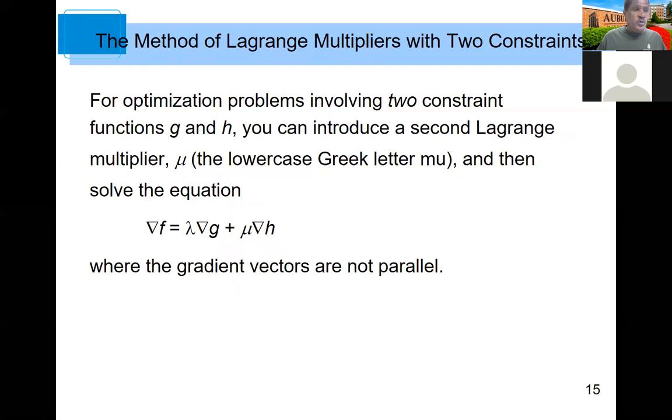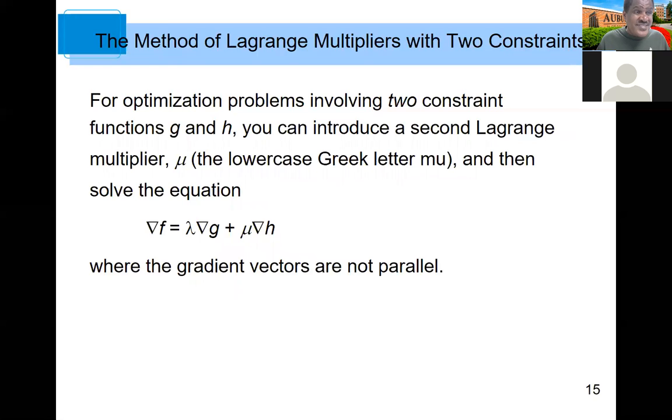Those of you who have taken a lot of maths classes must have seen mu a lot of times. We use it a lot in statistics, where mu is a mean. In any case, mu, and then we solve the equation.